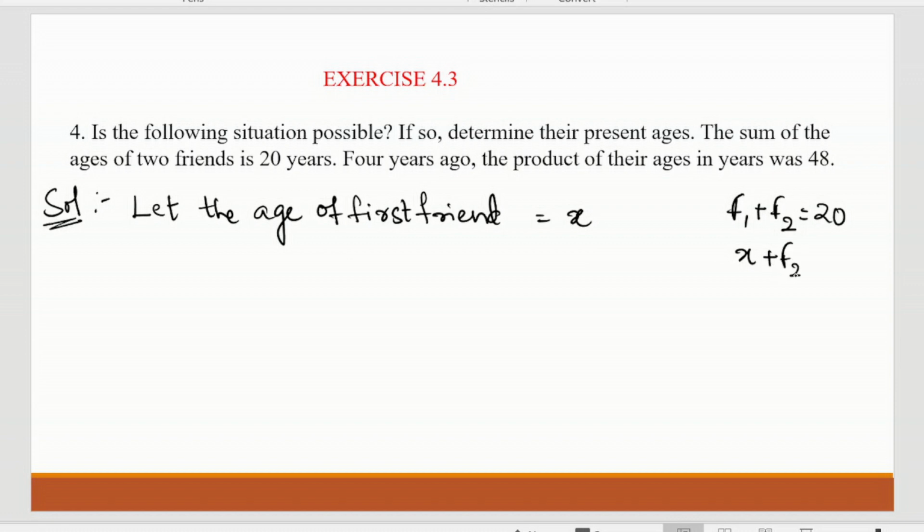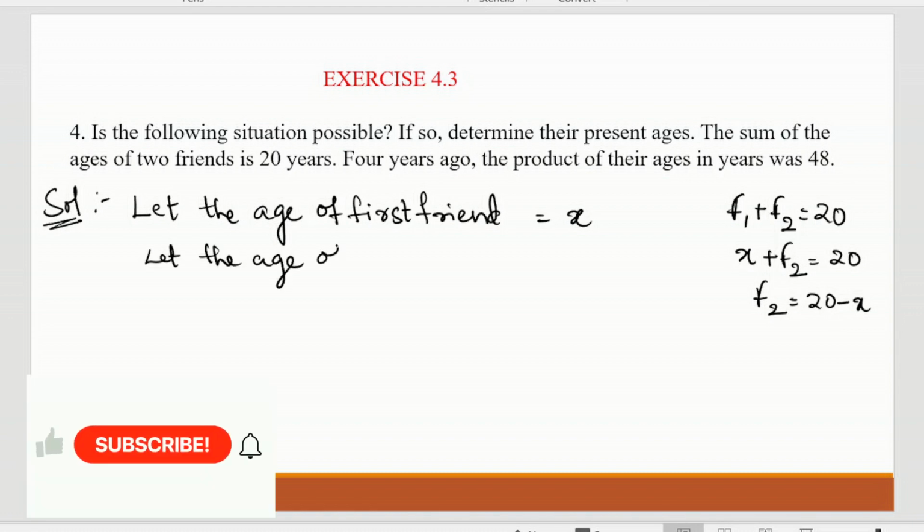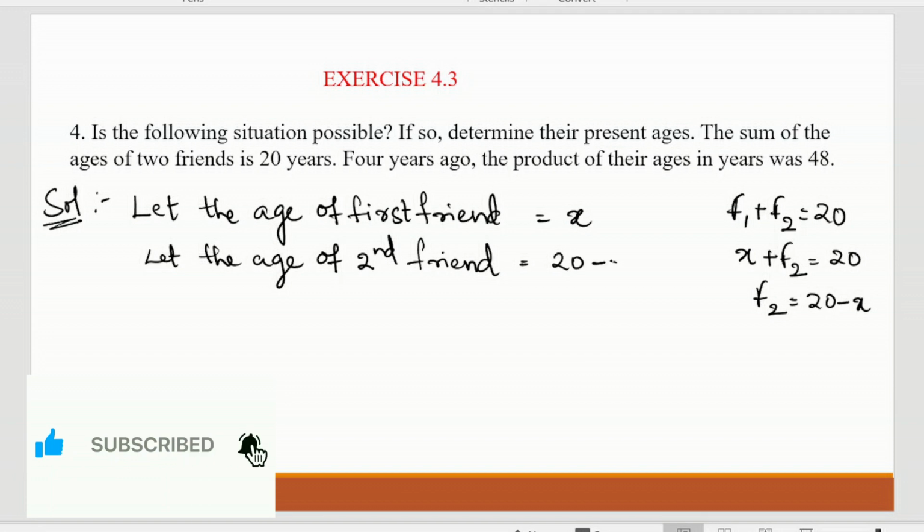F1 plus F2 is equal to 20, so the age of the second friend will be 20 minus X. We are sending this X to the RHS, which becomes 20 minus X.